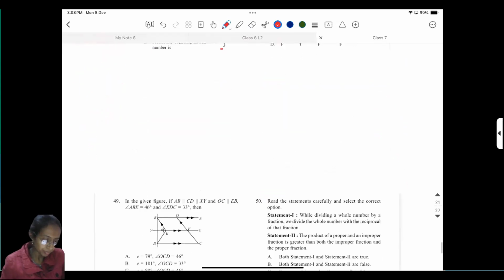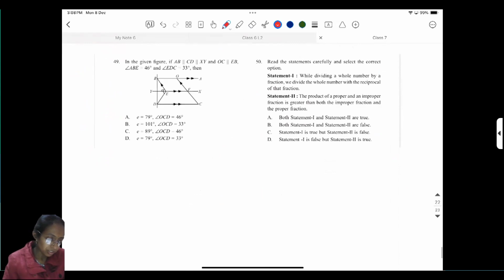Right? Now 49th one. In the given figure, AB is parallel to CD, which is parallel to XY. OC is parallel to EB. And angle ABE, this angle, is given to us as 46 degrees. And EDC, this one is 33 degrees. Then we need to find this E and OCD.